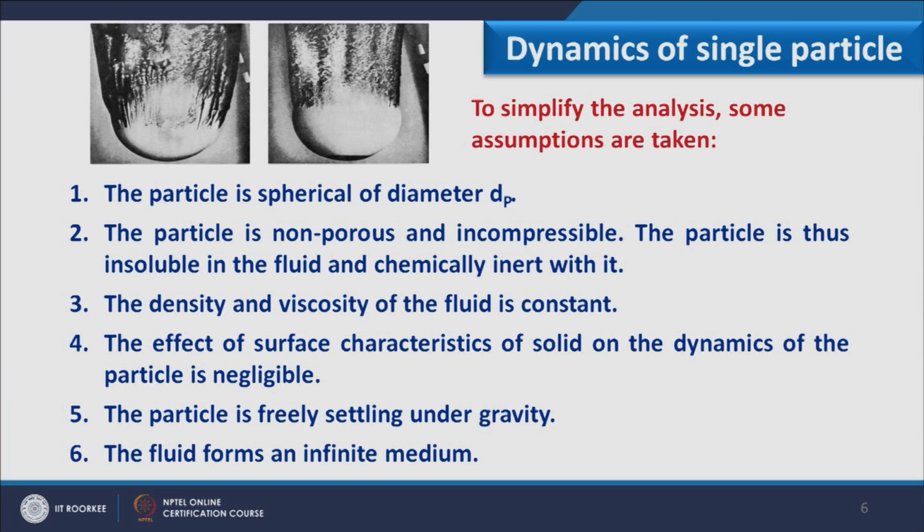And the final assumption we have is that the fluid forms an infinite medium. What is the meaning of this? If we consider a cylinder of very small diameter and the particle is moving through it, the effect of the wall comes into the picture. So, here we are considering that the fluid is an infinite medium.